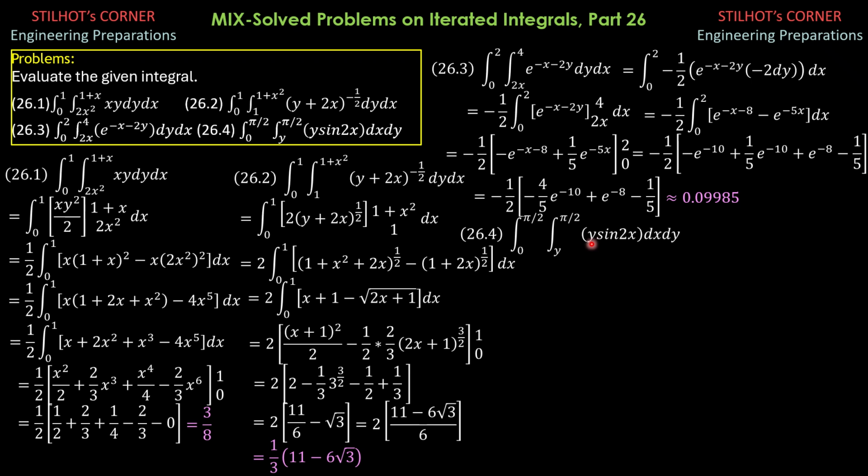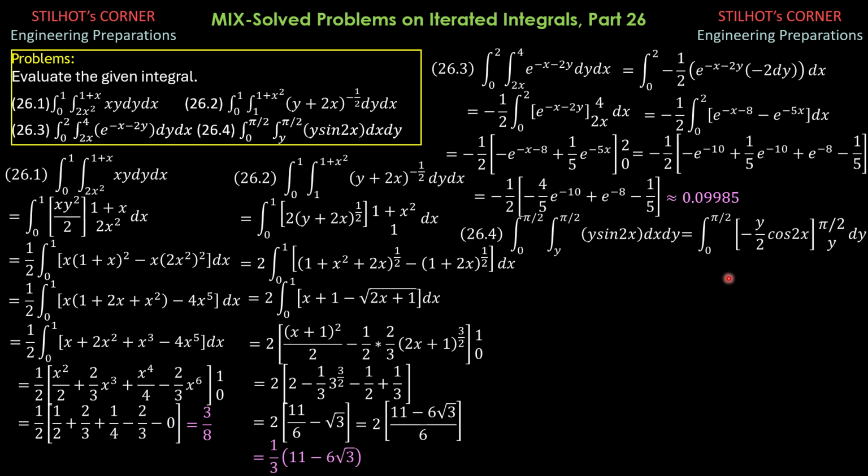So this is the integral from 0 to pi over 2 of negative 1/2 y cosine of 2x from y to pi over 2 dy. Again, that negative 1/2 is there because there is 2x here. So negative y over 2 cosine 2x, that's the integral from y to pi over 2.